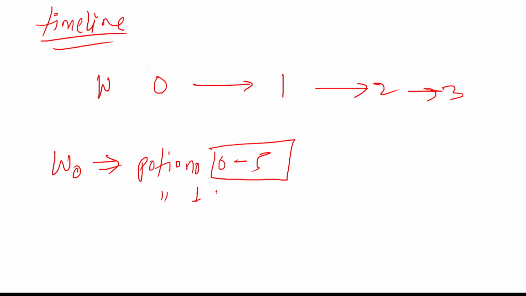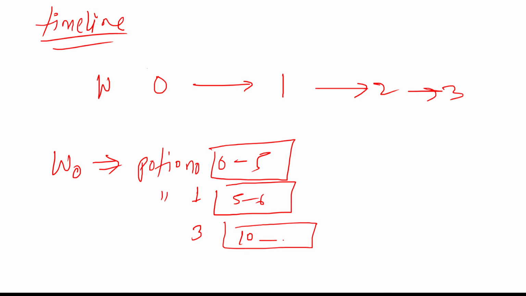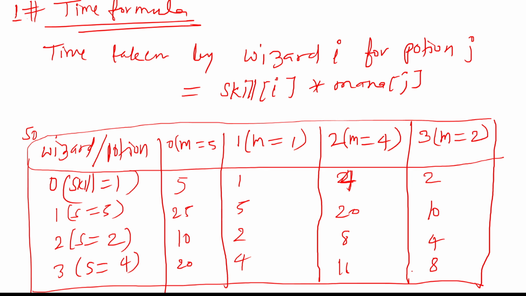Then portion 1 is from 5 to 6. Portion 2 is 6 to 10, we can say. Portion 3 will become 10 to 12, right? So for each wizard we can get the values like this.